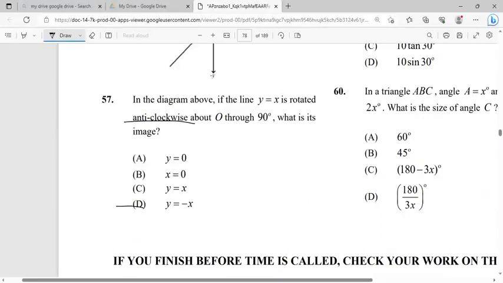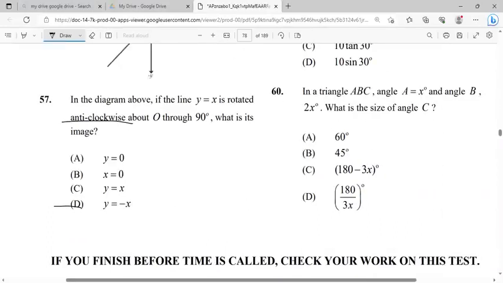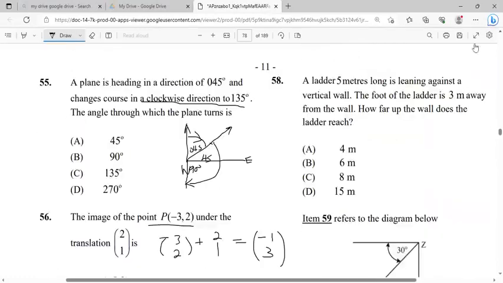Let's move to 58. A ladder 5 meters long is leaning against a vertical wall. The foot of the ladder is 3 meters away from the wall, and the ladder is 5.